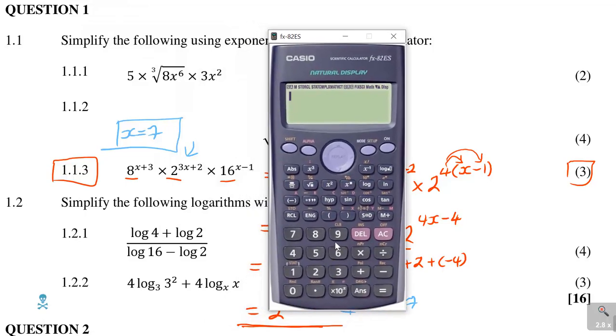In the first one, I've got 8 to the power of 7 plus 3, times 2 to the power of 3 times 7, or 3 bracket 7, plus 2, and then times 16 to the power of 7 minus 1.